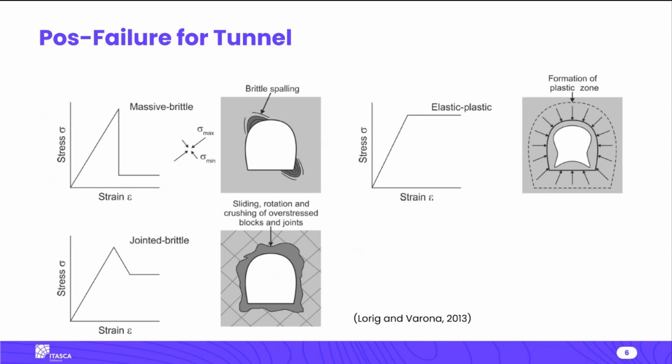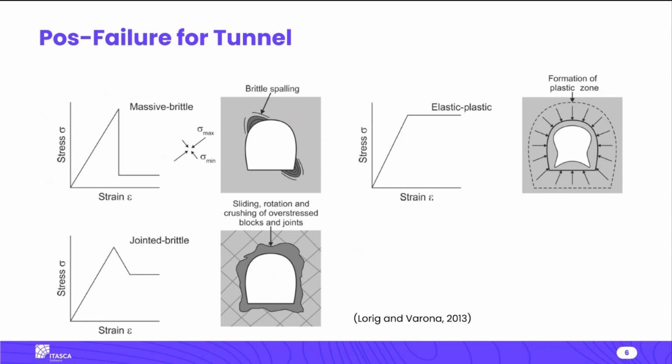Just as an example of where these different situations might occur, imagine you had a massive, fairly competent rock without maybe a lot of joints or alteration, a relatively deep tunnel. You might expect to see fairly brittle behavior in this case, and a stress-strain curve that looks like the one in the top left. And then what you would see around your tunnel in this case would be some sort of spalling, probably. The bottom left is maybe a case where there's some more jointing or not quite as competent rock.